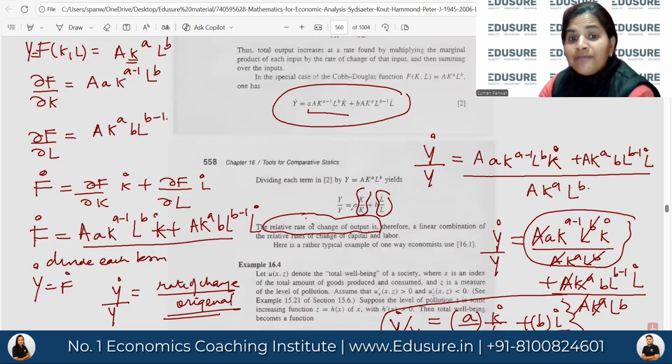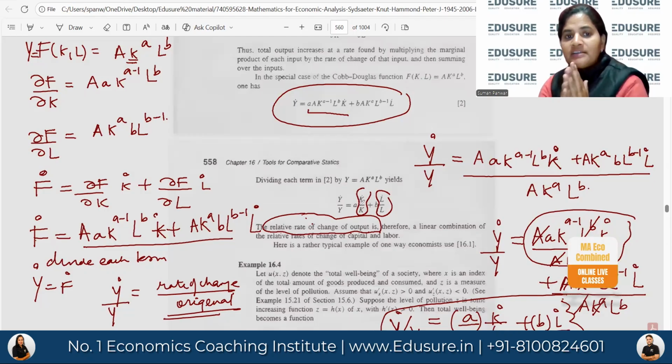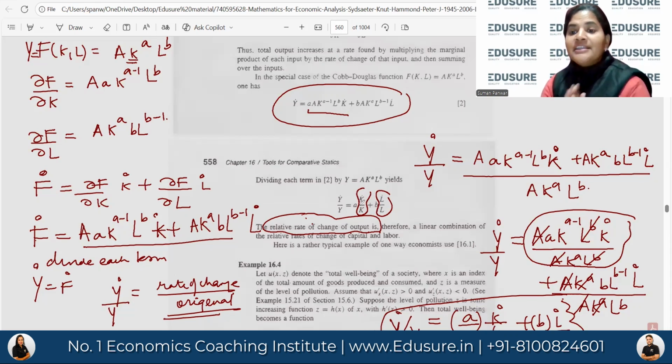So the relative rate of change of the production function is a linear combination of the relative rates of change of labor and capital. You can even get such a question directly to derive. And the idea for deriving is the chain rule of derivatives, which is going to help you out.